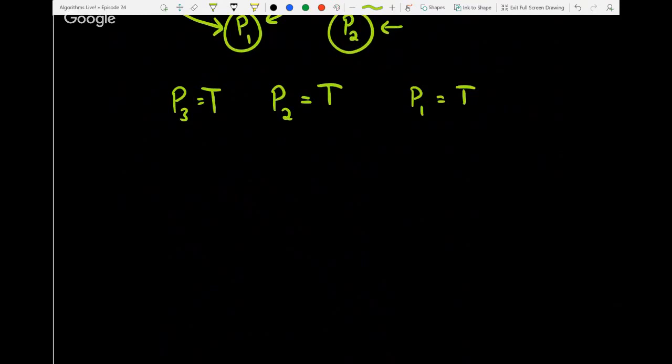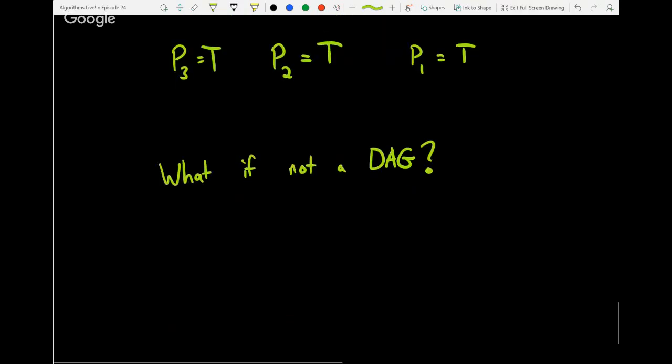Okay, so there are a few things you should probably notice about the way I did this. First off, what if it's not a DAG? It's not guaranteed to be a directed acyclic graph. It just happened to be with this example that I showed you, so it could easily be something that's not a directed acyclic graph.